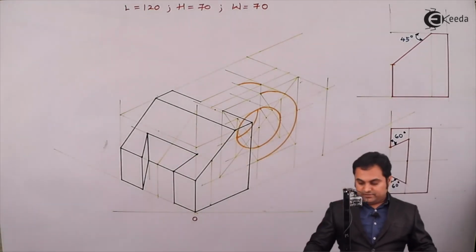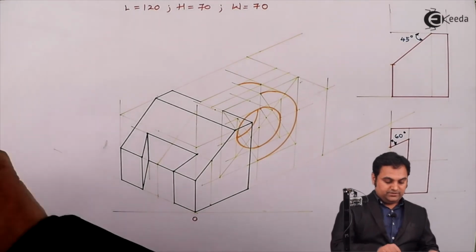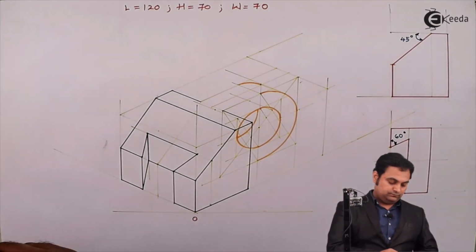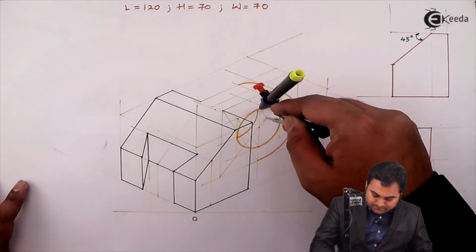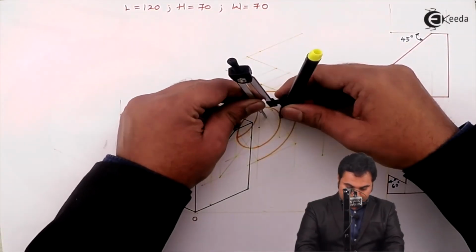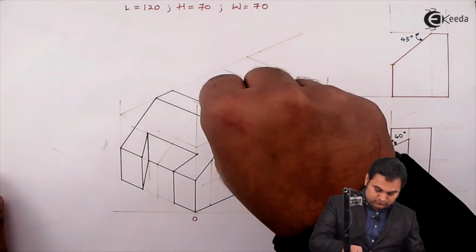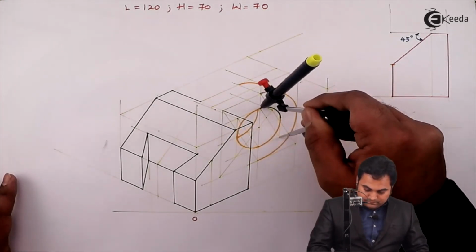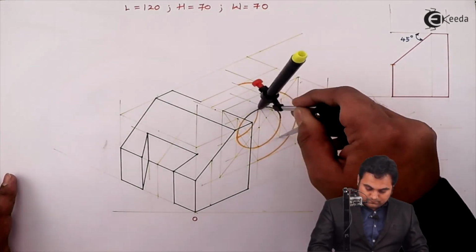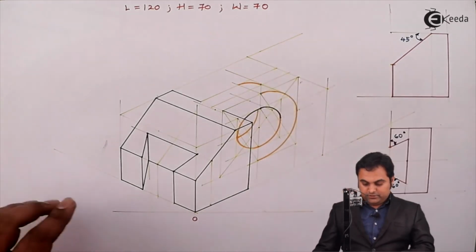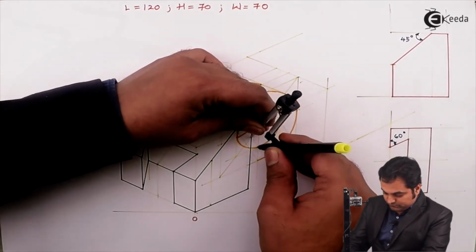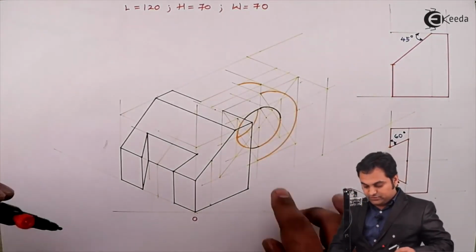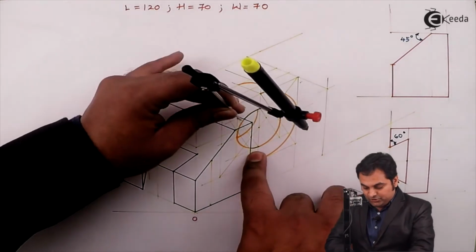Then I'll be making this semicircular portion and the circle also dark, starting with this circle. Only up to here it is visible, not behind this surface. This arc is only visible up to this much.